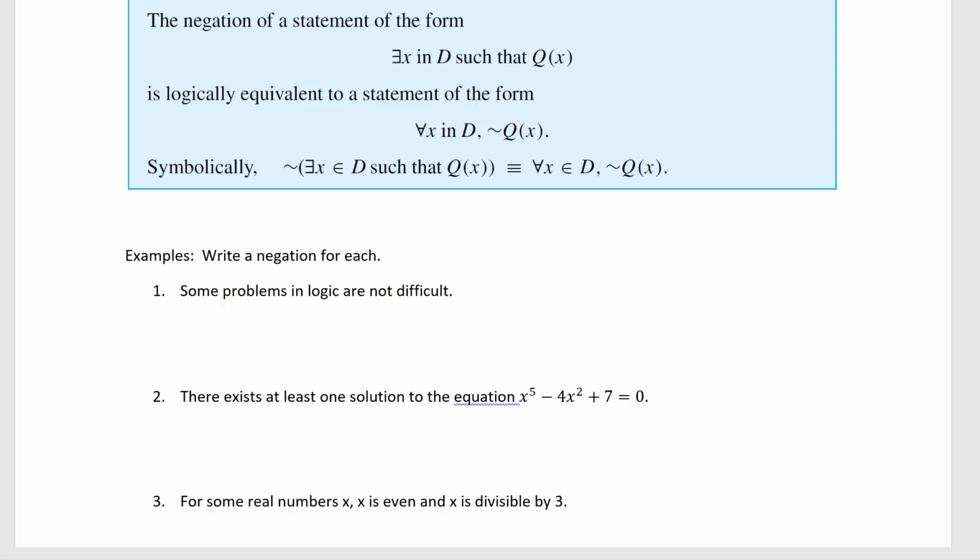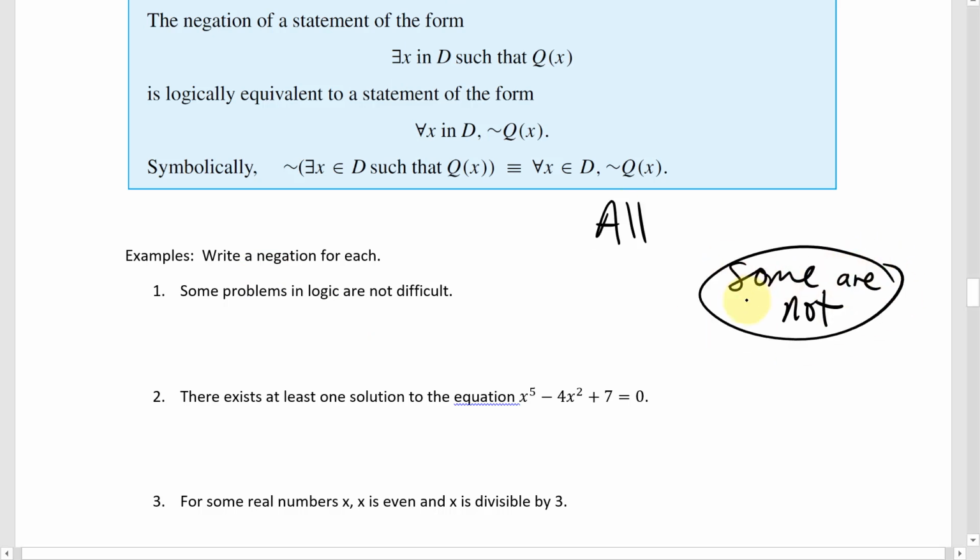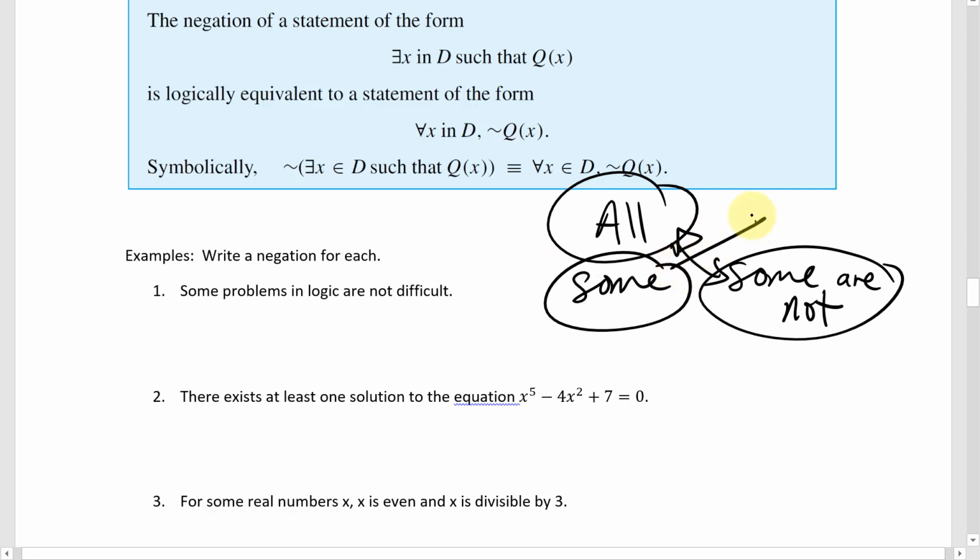I'm going back to my rules for negating quantifiers. If we have a statement that some are not difficult, the negation is all of them are difficult. And to negate some would be to say no or none. So we have this given, some are not difficult, and the negation is all of them are difficult.